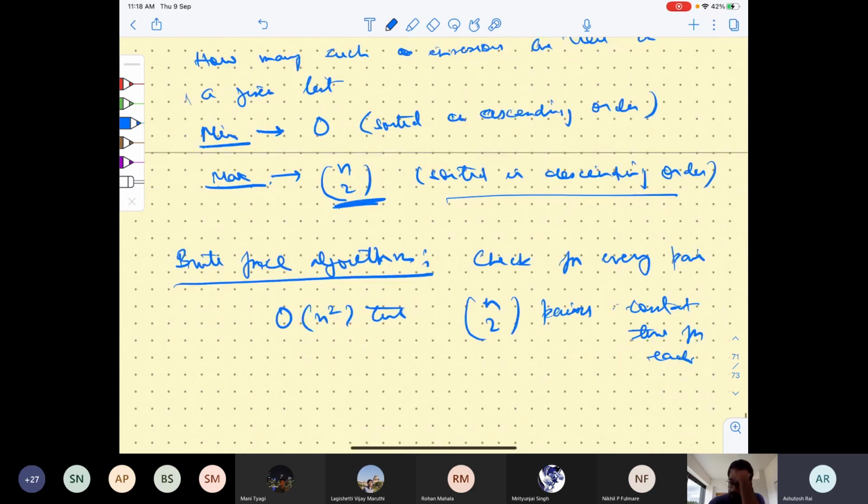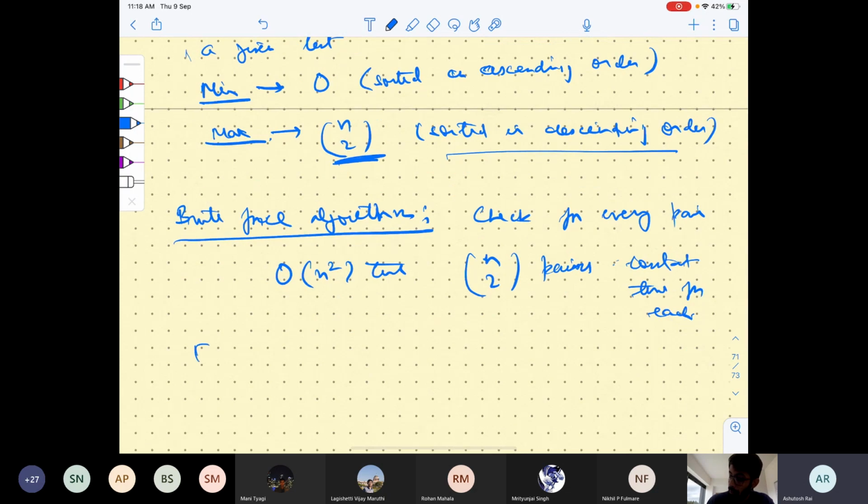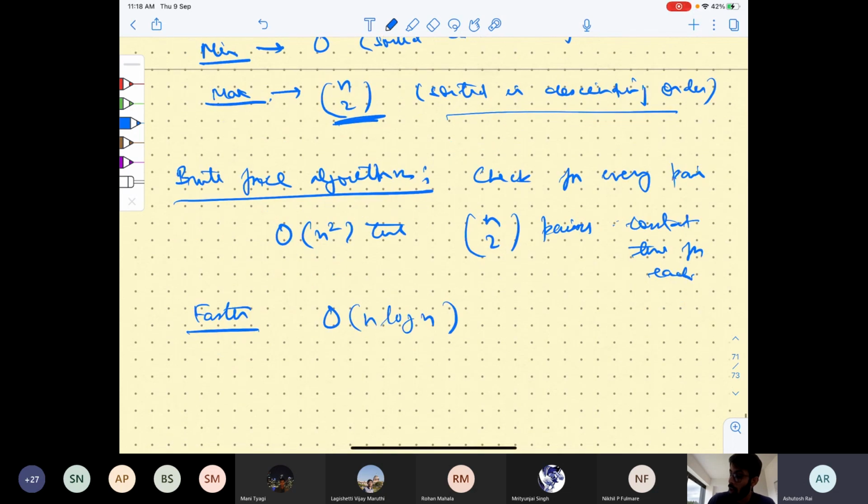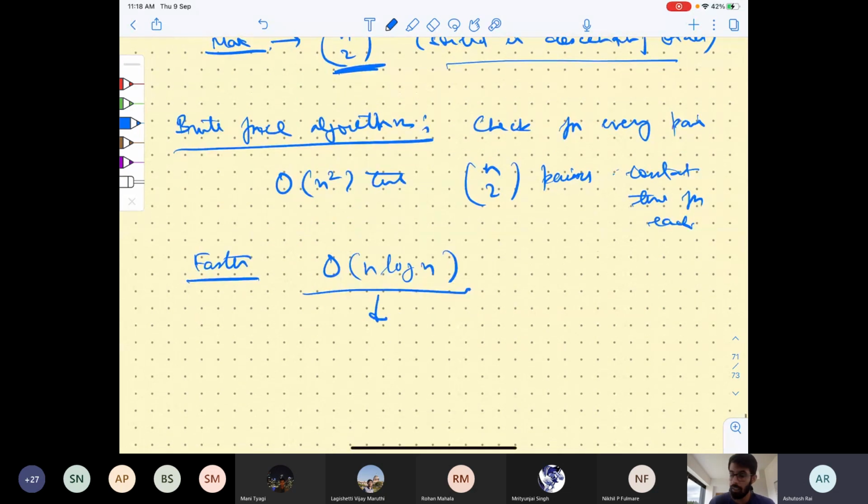Good. But now we want it faster. Suppose we want order n log n. We saw in the last lecture the strategy for achieving order n log n.